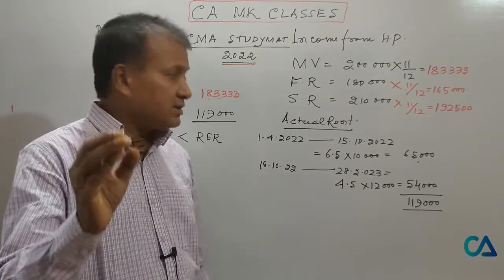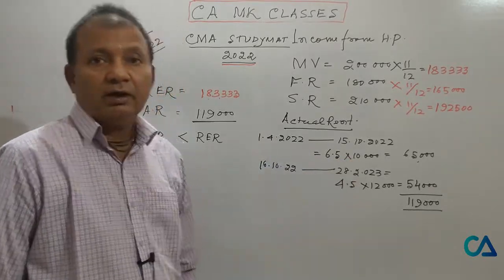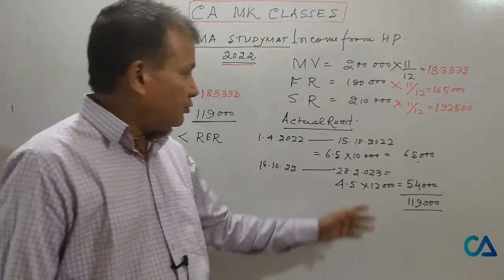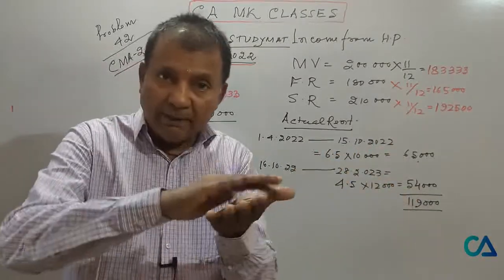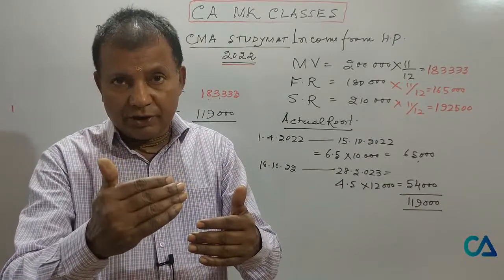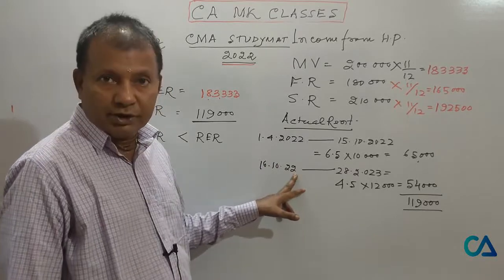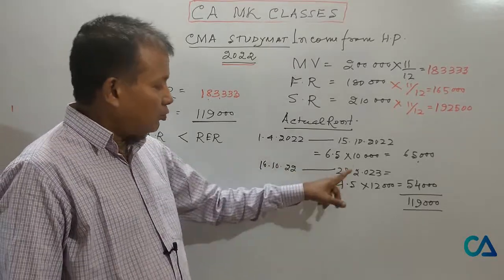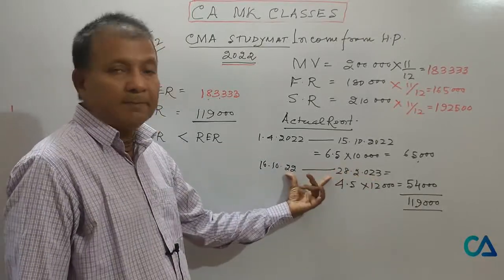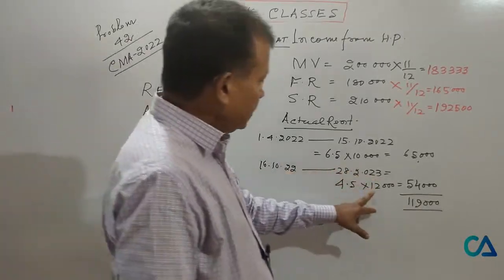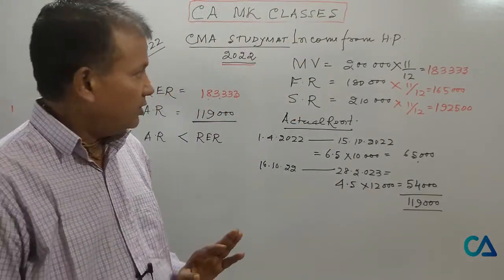X was getting rupees 10,000 as rent up to 15/10/2022. After 15/10/2022, that is from 16/10/2022 to 28/2/2023, which is 4.5 months, the rent is 12,000 per month.